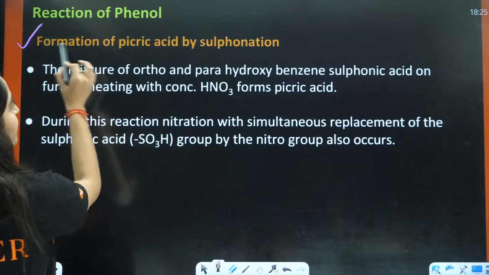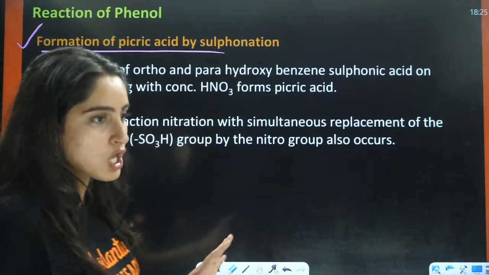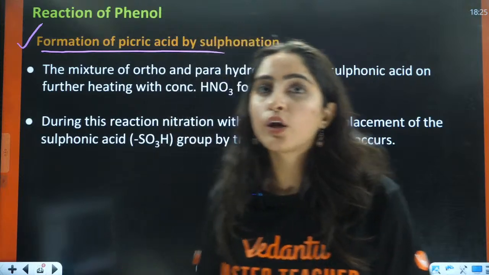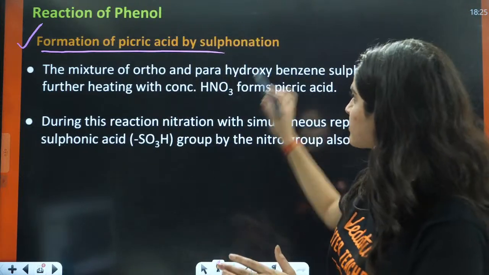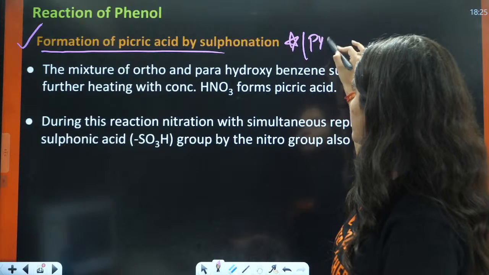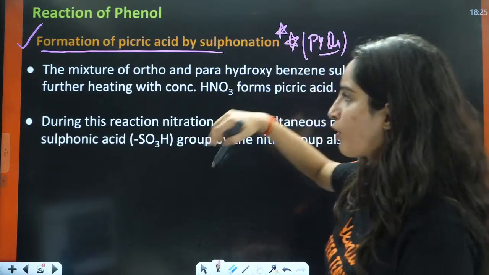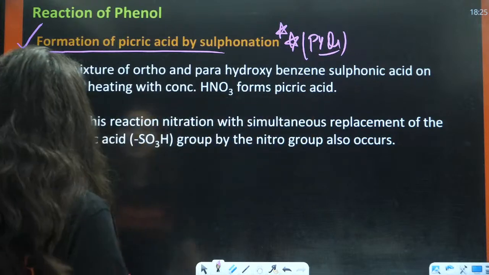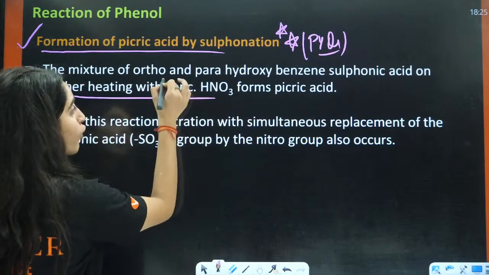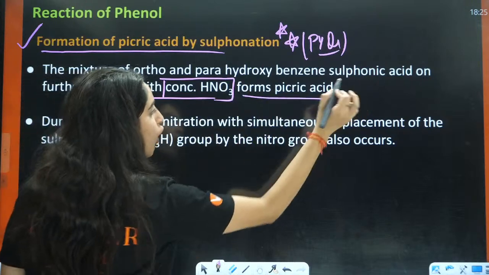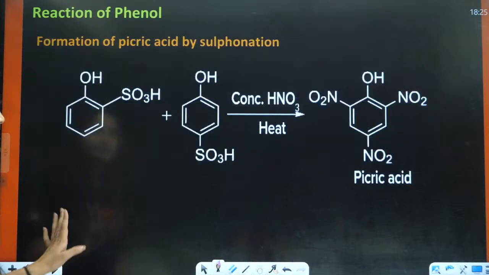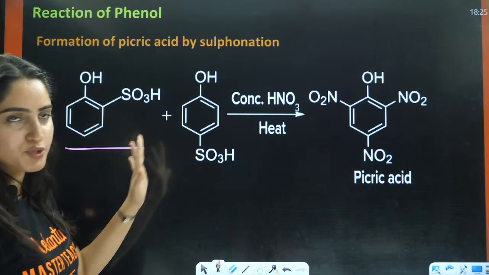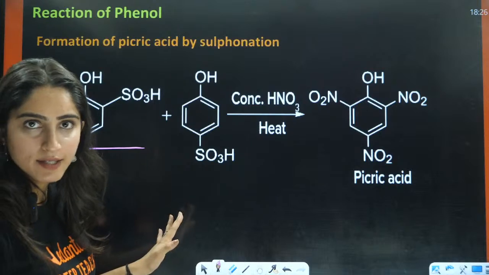Next is formation of picric acid by sulfonation. We studied picric acid formation by nitration. Now let us see how you can make this by sulfonation. This is also your PYQ, right? This is important. The mixture of ortho and para hydroxybenzene sulfonic acid on further heating with concentrated HNO3 forms picric acid. How? Let us see. You have the formation of this ortho and para substituted sulfonic acid, right?